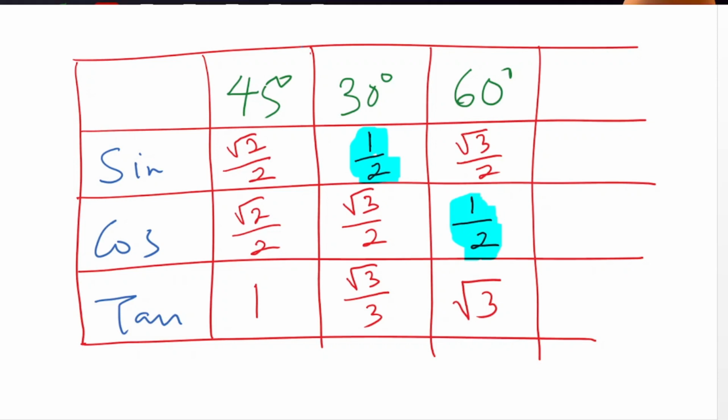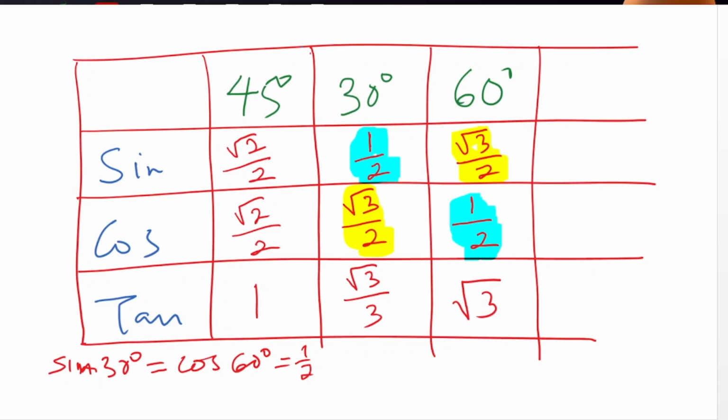So let's write it here: sine 30 degrees equals cos 60 degrees, and that is 1 over 2. Another one that is the same is this root 3 here and this root 3 here. So that is the same thing.